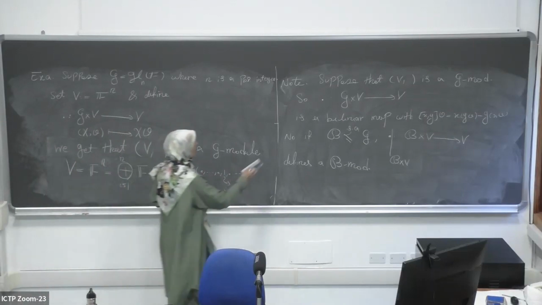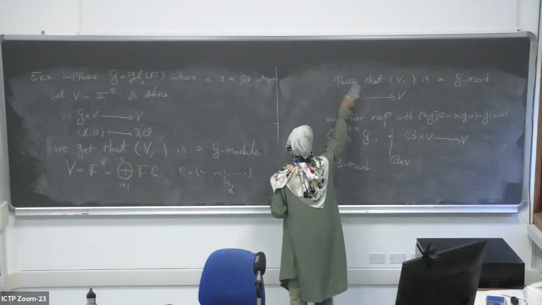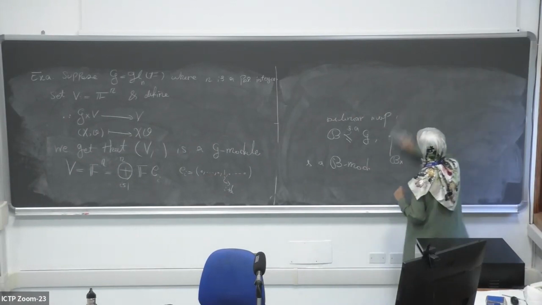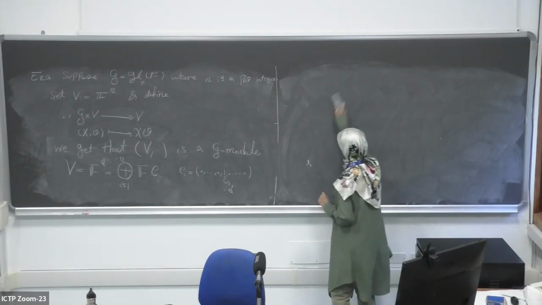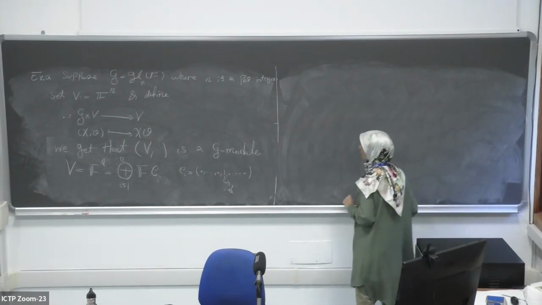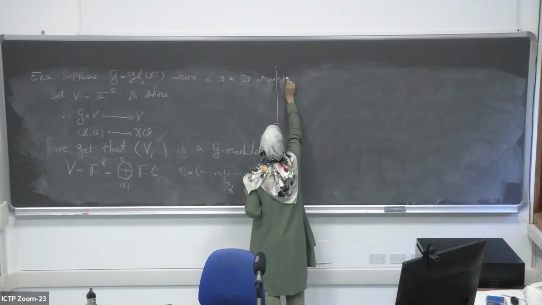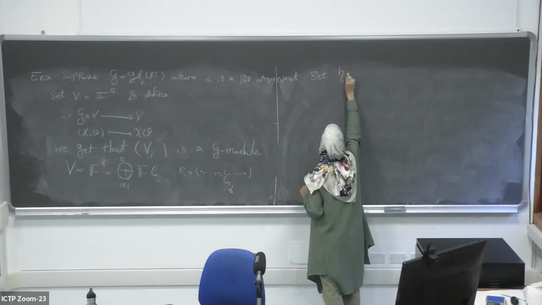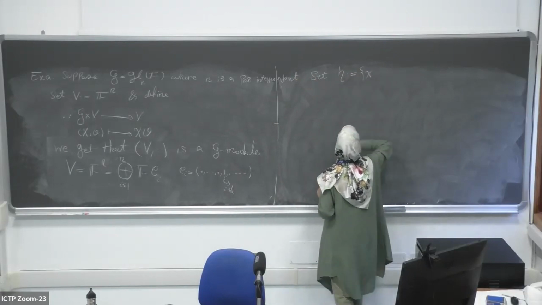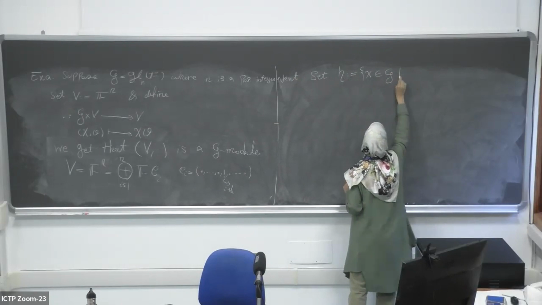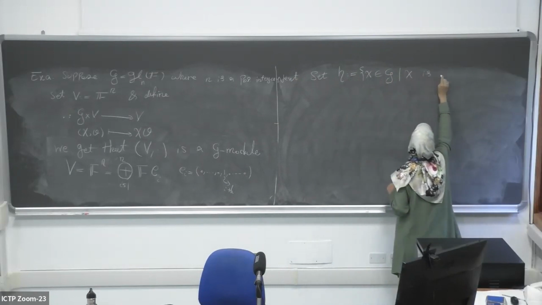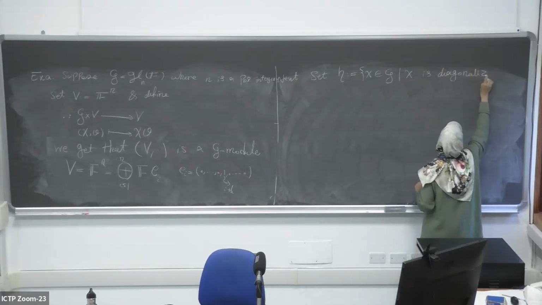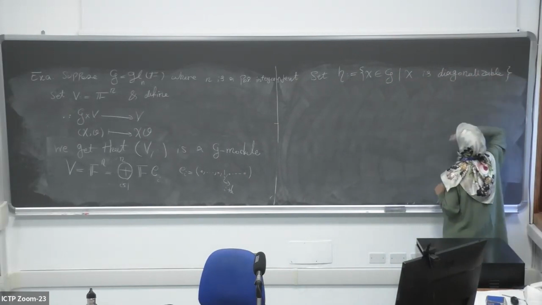Now, next we set H to be all elements of G such that X is diagonalized.